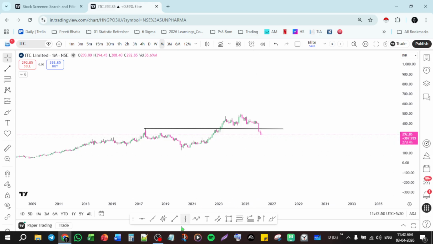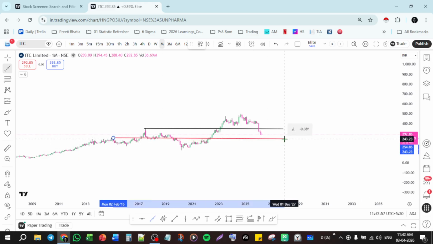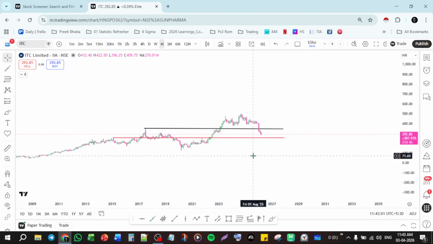Is there a SIP? Yes, I see that. This is another one. It's possible it can come to 250 because this was a very strong resistance. It then became support. So it's possible it can come. I will still not have a problem taking a decision.